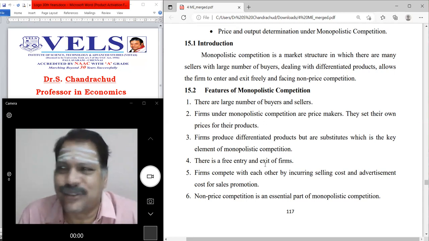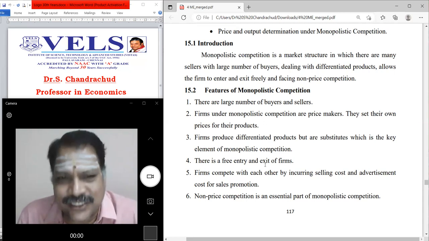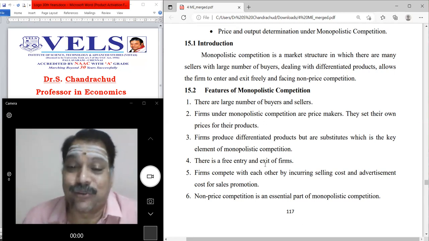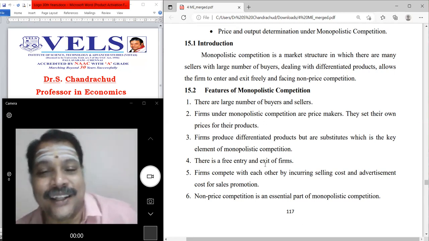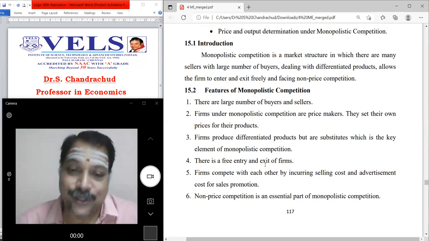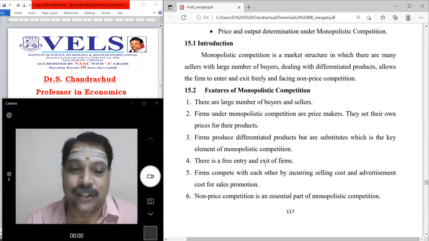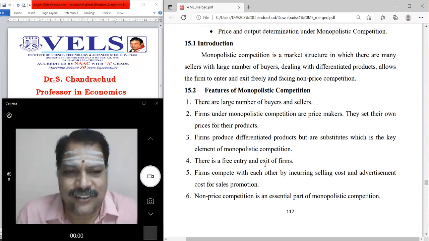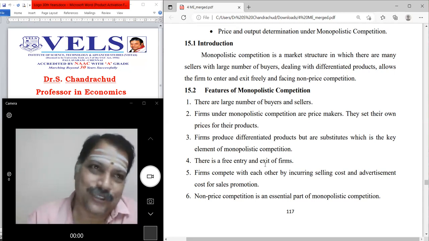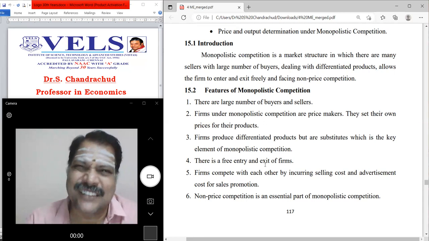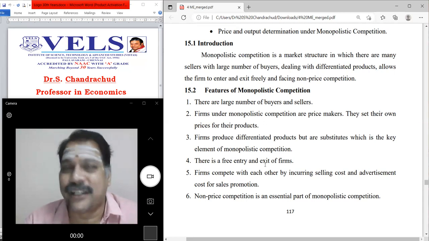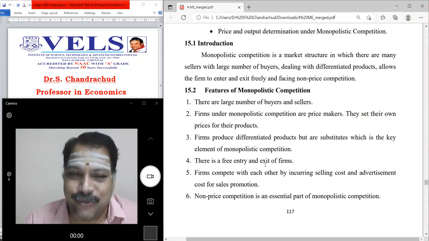It is a differentiated product, heterogeneous in nature, so they will fix their own price. Then the firms produce differentiated products but they are substitutes for each other, which is a key element in monopolistic competition, because a slight difference will be there. Sometimes it may be an identical product, but it will be a substitute.